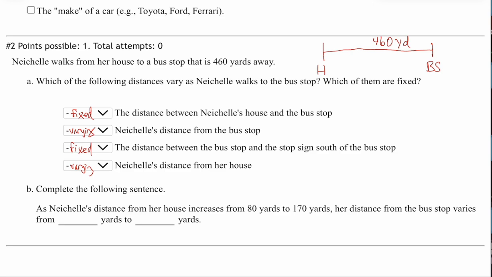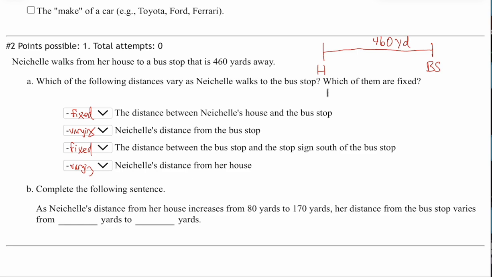Okay, now let's think about the next thing for a minute. It says, as Nichelle's distance from her house increases from 80 to 170, her distance from the bus stop varies from what to what? Okay, so let's go back up and revisit our picture for a moment here.